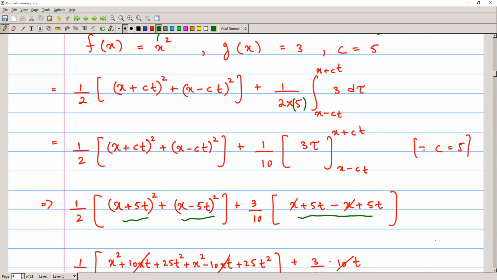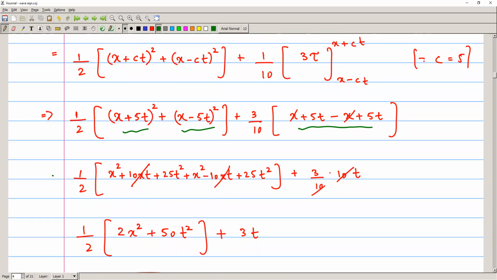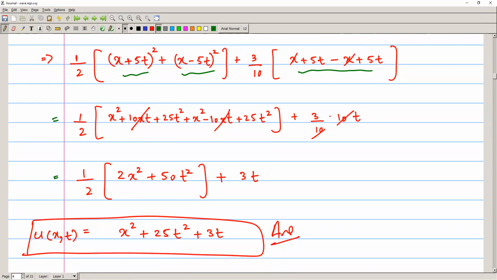So we will come to the conclusion that the solution is u of x,t equals x squared plus 25t squared plus 3t. So this solution will satisfy the initial conditions and also the given equation, right?